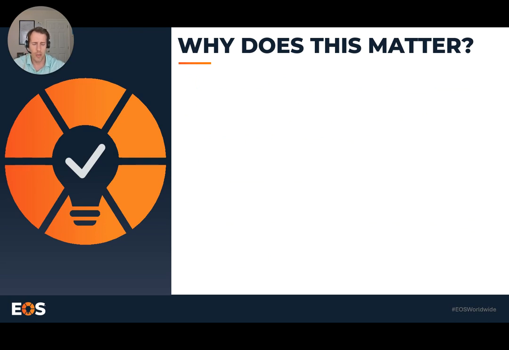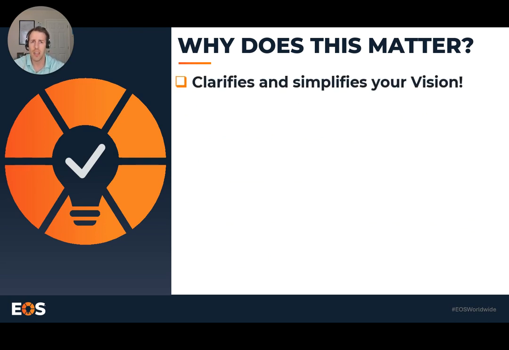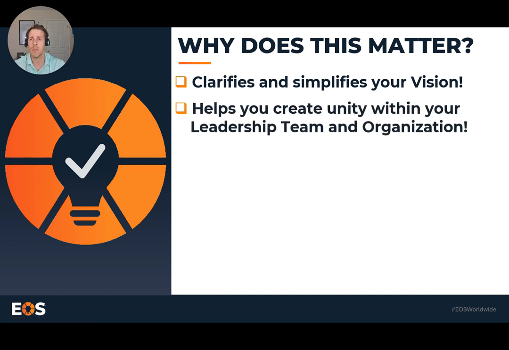So why does this matter? Clarify, simplify. It matters because your vision is probably in your head and you want to get it on paper so you can communicate it ultimately to every single member of your leadership team and to your entire company. And so that's a huge reason why it's extremely important, to clarify and simplify your vision.